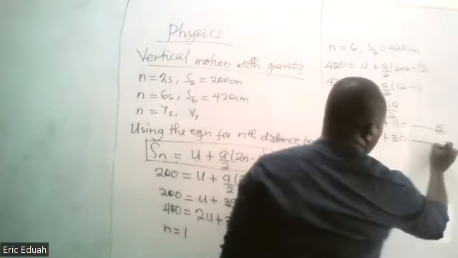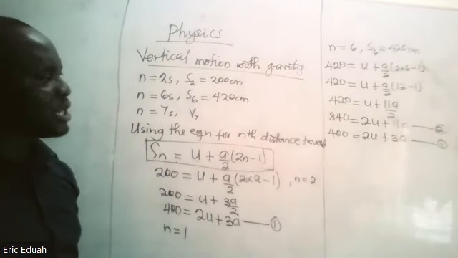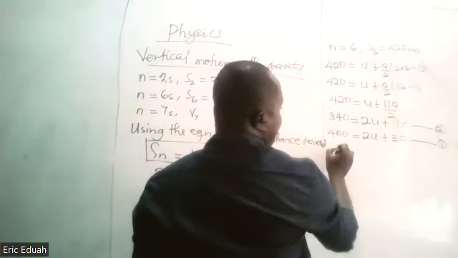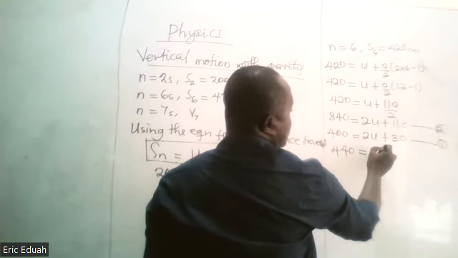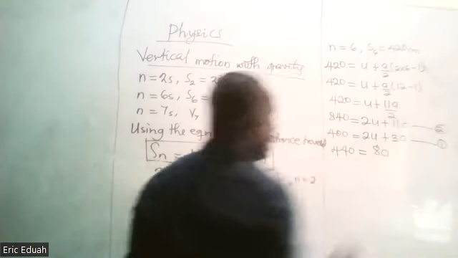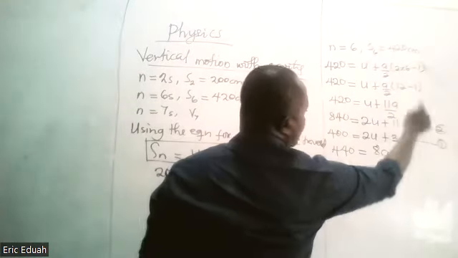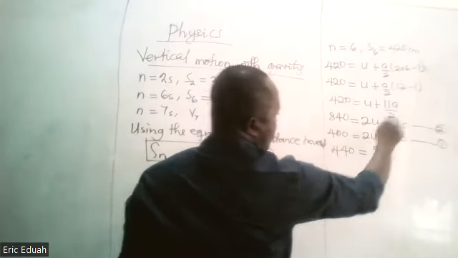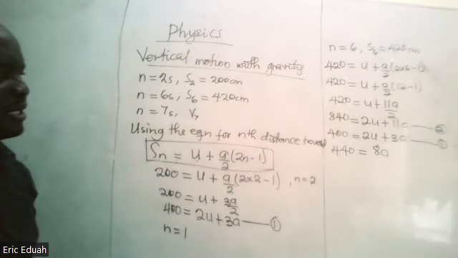Okay, so we solve these two equations simultaneously. If I subtract equation 1 from equation 2, I have 440 equals 8a. Are we okay? If I subtract equation 1 from equation 2, 2u minus 2u is 0, and 11 minus 3 is 8.